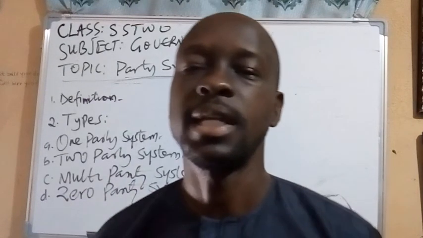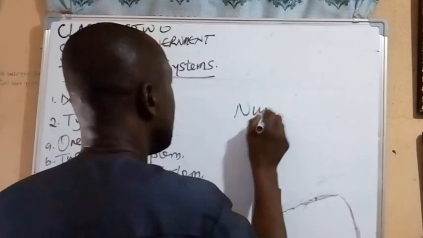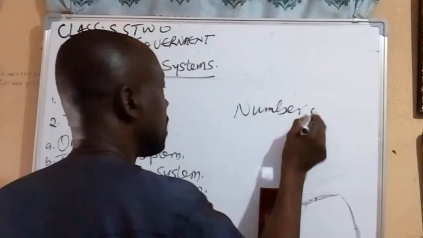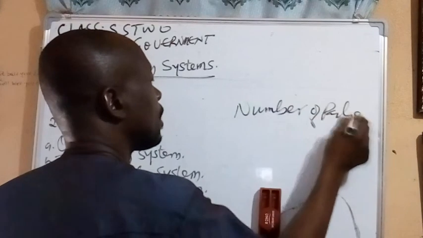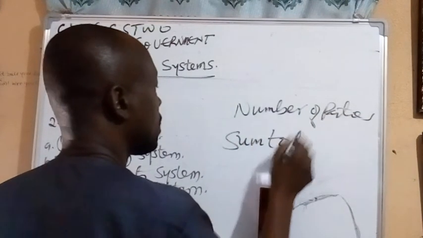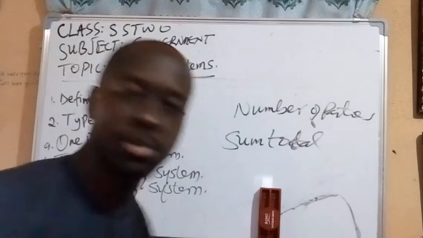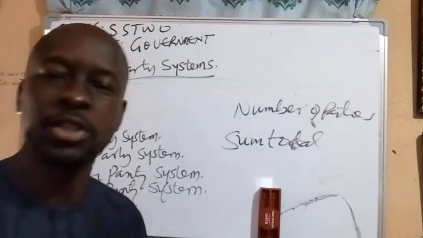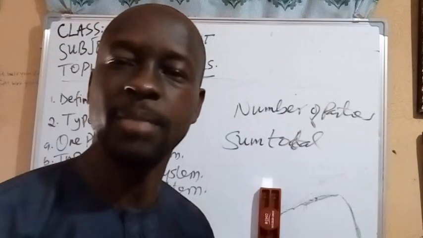Let me take it again. The number of political parties existing in a political system and the sum total of interrelationships among all the parties.